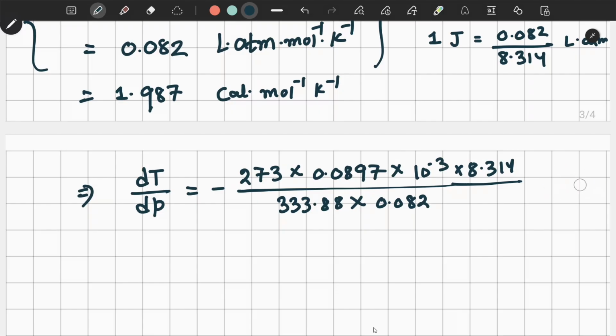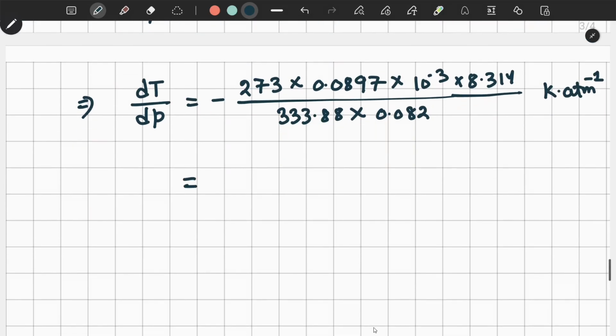So this is the unit they asked for. Now just calculate it and check what the answer is. Let me also calculate.